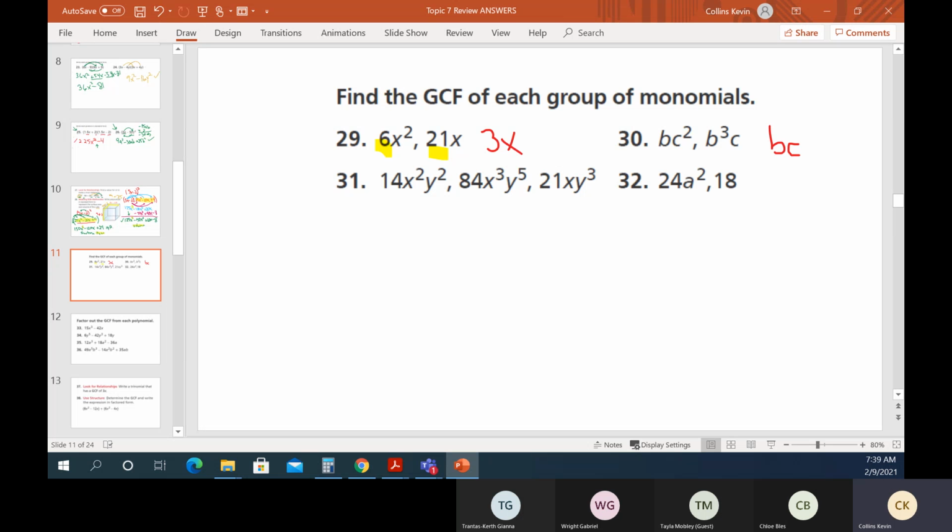So we need a number that goes into 14, into 21, into 84. So what do we think that might be? I don't think 3 goes into 14, does it?